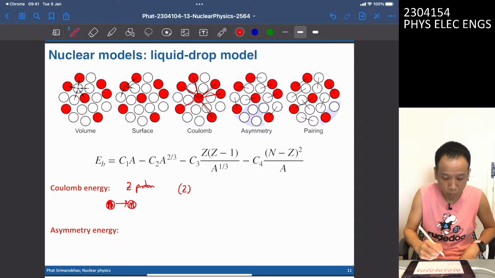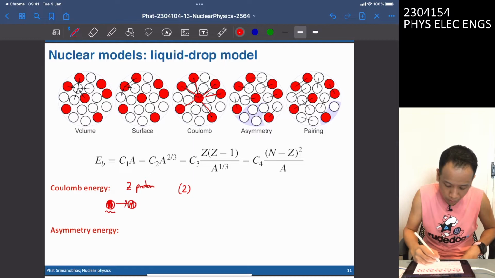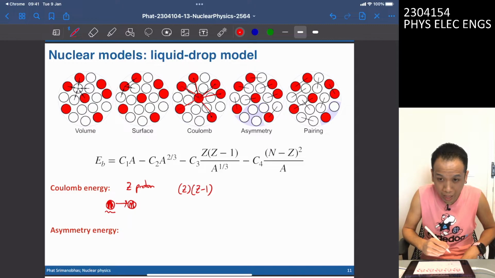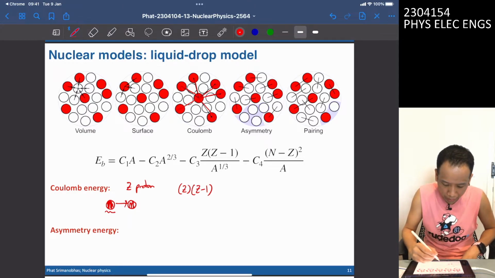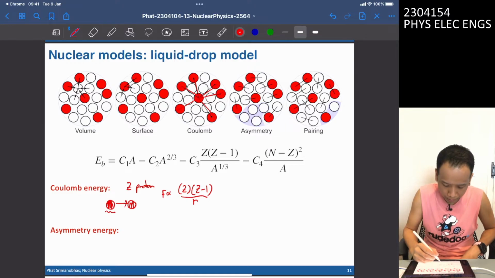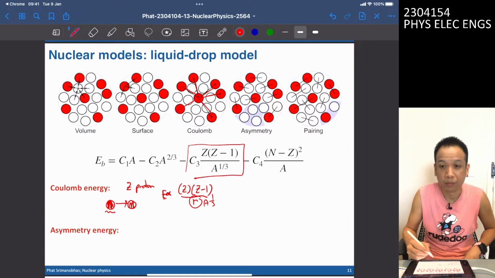You don't create two, because this proton cannot repel itself. So if you have Z protons, you're going to have Z minus 1 pairs, right? And then the energy depends on R, and R is proportional to A to the power of 1/3. So that becomes the third term.